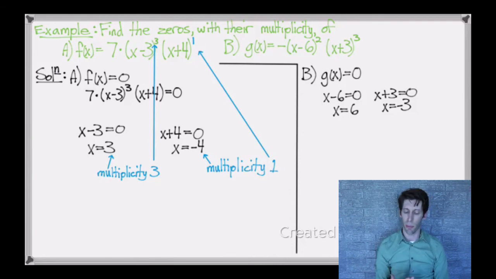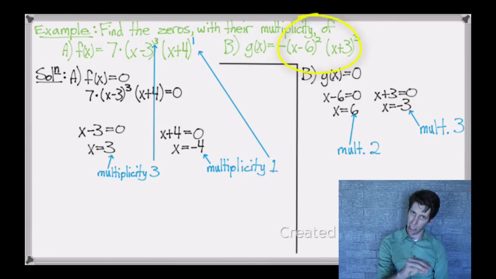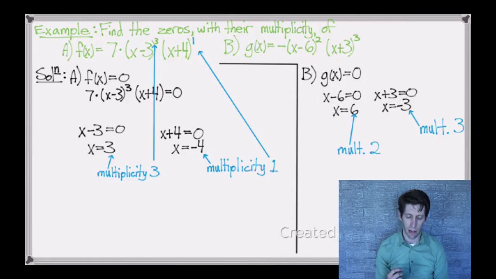Again, the new thing here is the multiplicities. The 0 x equals 6 has multiplicity 2, and the 0 x equals negative 3 has multiplicity 3. And again, these correspond to the exponent on the corresponding linear factor. And really that's all that's new as far as the polynomial section 4.1 is concerned.